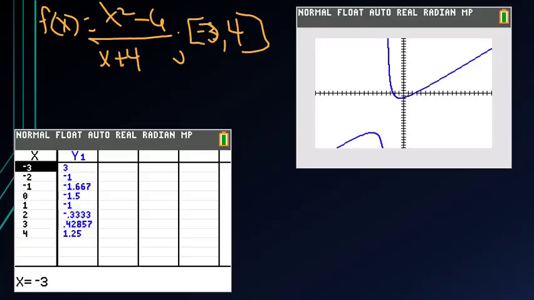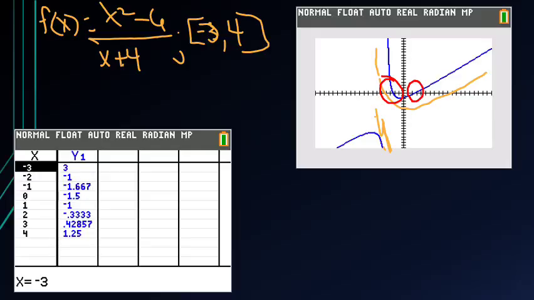So here I've graphed this function, x squared minus 6 over x plus 4. And I can see, at least in this portion of the graph, that it is continuous. Obviously, I've got a point of discontinuity somewhere out here, but it's not asking me about that. And I can see that this graph does, in fact, cross the x-axis. It looks like somewhere between -3 and -2, and then it comes back in over here between 2 and 3.